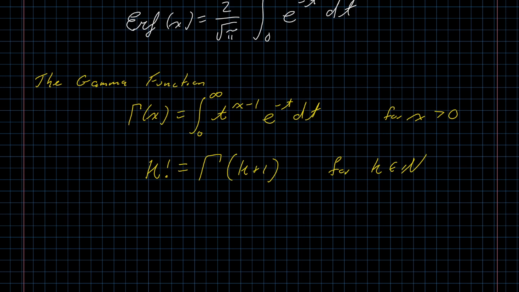So all of the properties that you're familiar with from the factorial still exist for the gamma function. For example, x times the gamma function of x is equal to the gamma function of x plus 1. That's perhaps my favorite of the properties of the gamma function. And that's something that we're actually going to use a little bit later in this video.